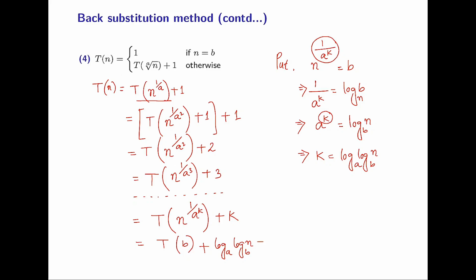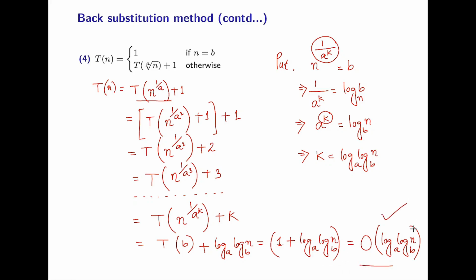So in place of that we will write 1 plus log log n. If I write asymptotically to provide the upper bound, I can only write this term: log of log n, inner base b, outer base a. So this is our solution.